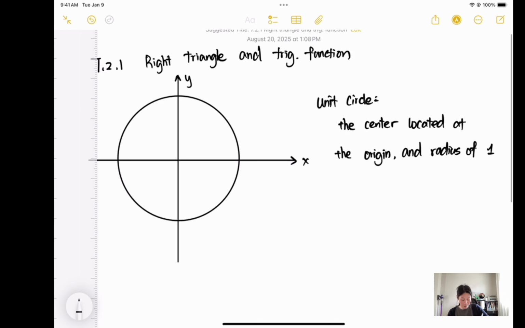So the circle that we're seeing on the left is our unit circle with a radius of 1, and the center is the origin of the coordinate plane.